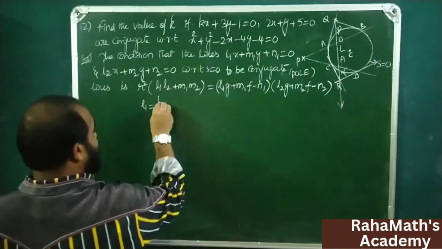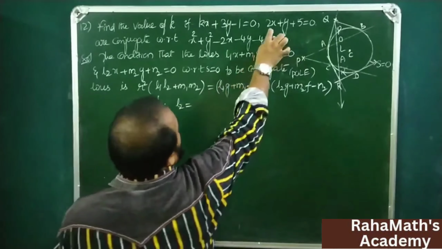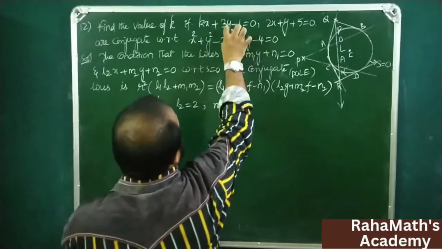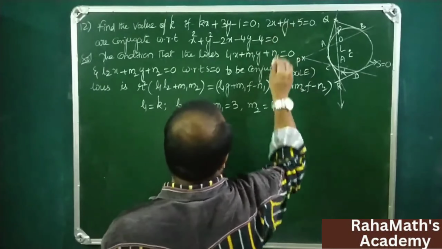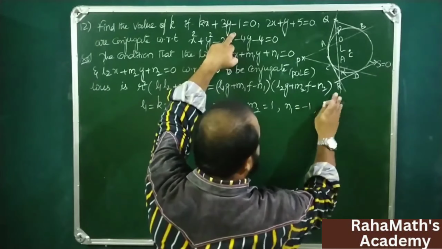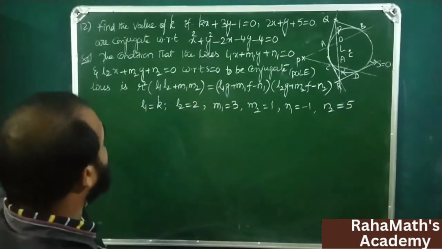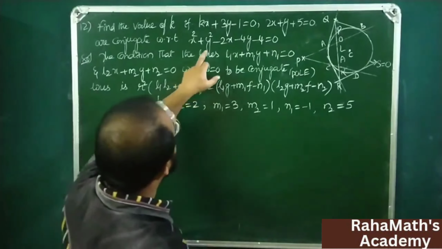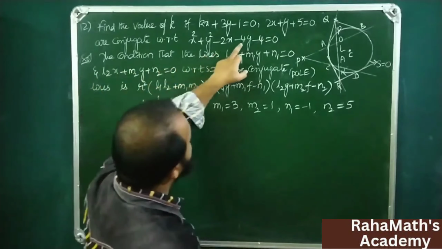Now, L1x plus M1y plus N1 equals to 0: L1 is equals to k. L2x plus M2y plus N2 equals to 0: L2 is equals to 2. Next, M1 is 3, M2 is 1, N1 is minus 1, N2 is 5. And 2g equals to minus 2, so g equals to minus 1. 2f is equals to minus 4.